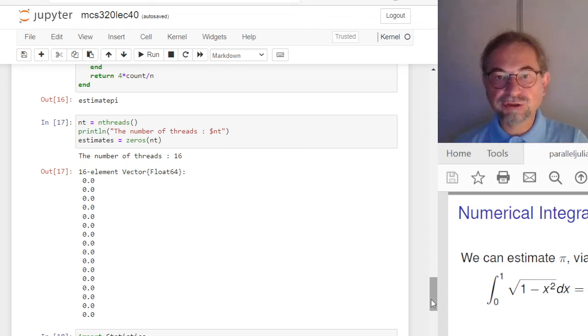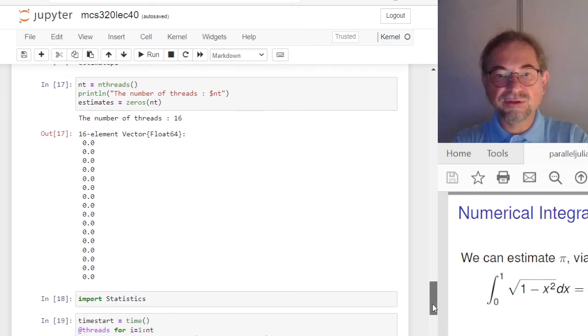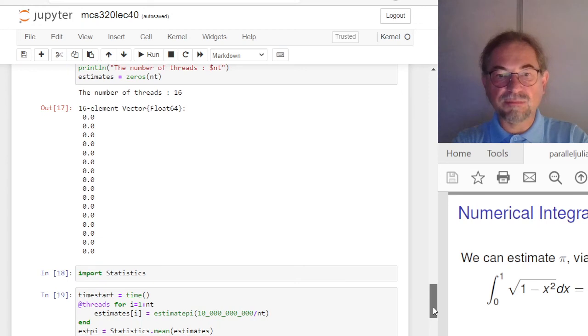So the first thread writes to the first element, the second thread writes to the second element. The data is just a vector of 16 elements that will hold the results. I can compute the average with a simple formula, but I have used the statistics module.